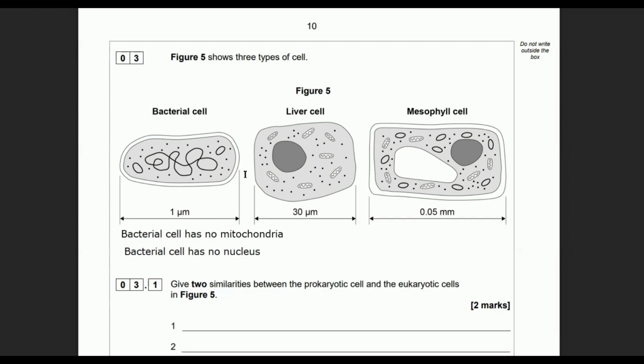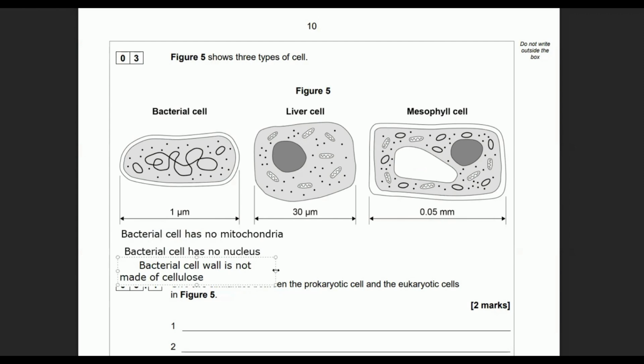Okay, so that's two differences. I can't say bacterial cell has a cell wall because so does the plant cell. But what I can say about the cell wall, check this point, bacterial cell wall is not made of cellulose.